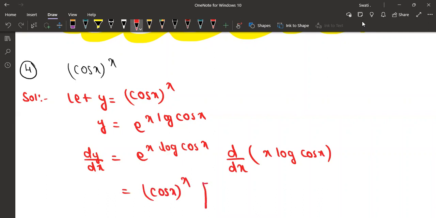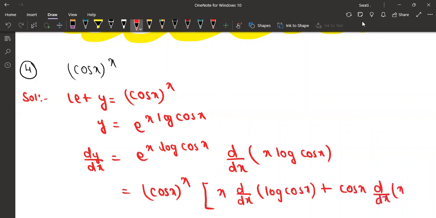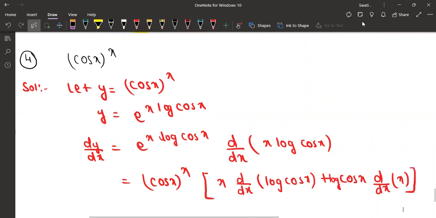And here, by using the product rule, we'll keep x as it is and do the derivative of log cos x. And then we will keep log cos x as it is, and we will do the derivative of x. And now we can close the bracket.